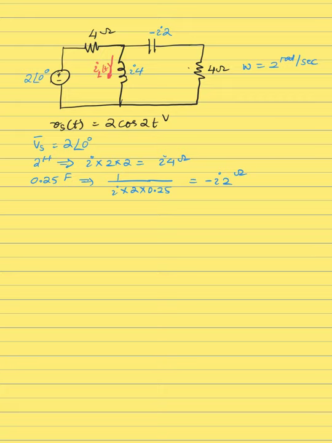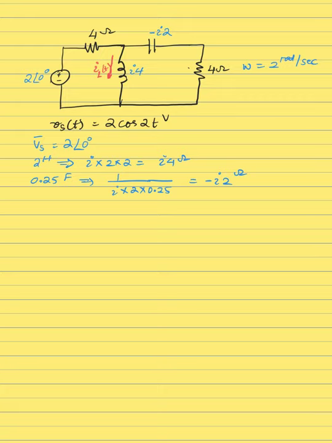Okay, so what's the plan? How are we going to calculate the current flowing through the inductor? What do you guys say? Right, so one possibility is, again, to use mesh analysis, maybe the one which we used in the first example.